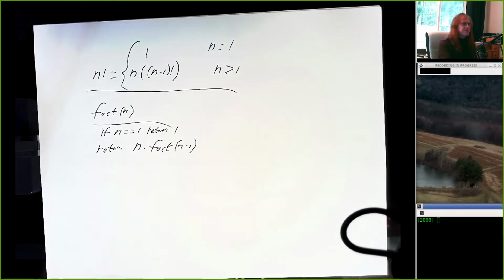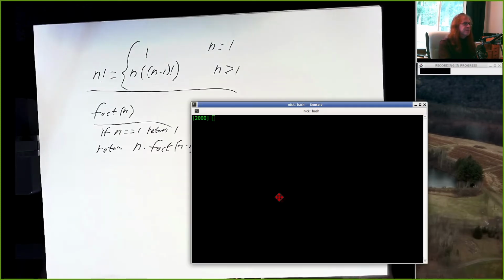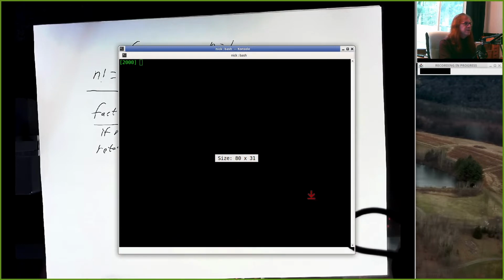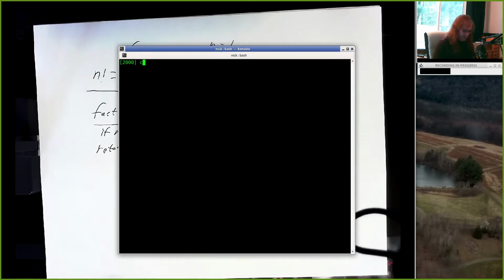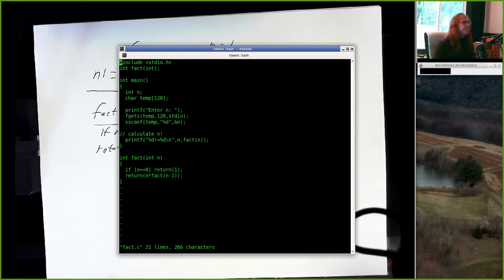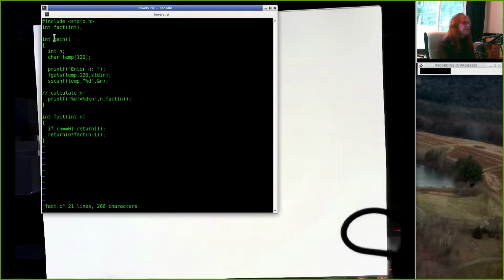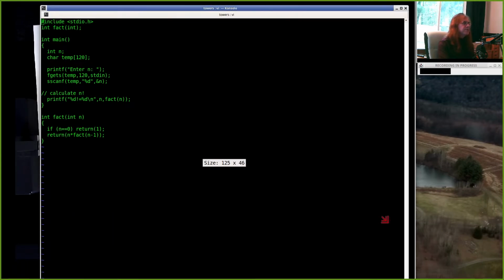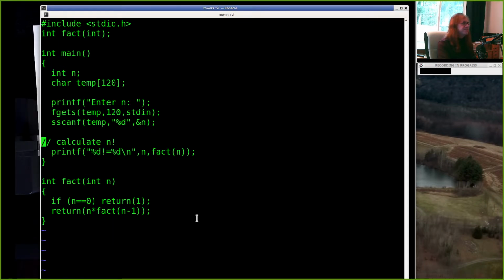And so I think we played around with this a little on Monday, where we wrote a recursive function. I used 0 as a base case here. I could use 1.